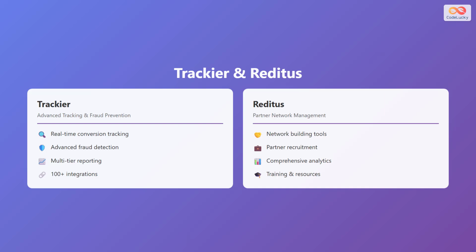Reditus focuses on building and managing your entire partner network. It includes network building tools to recruit new partners, partner recruitment features to scale your program, comprehensive analytics to measure partner performance, and training and resources to help your partners succeed. Choose Trackier if fraud prevention and accurate tracking are your priorities, and choose Reditus if you're focused on building and growing a strong partner network.